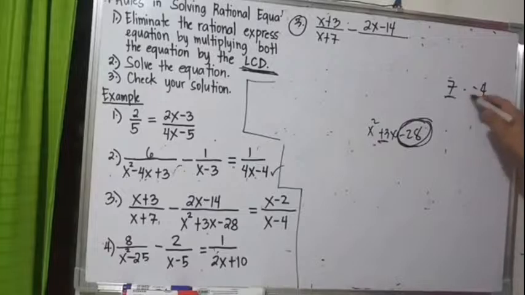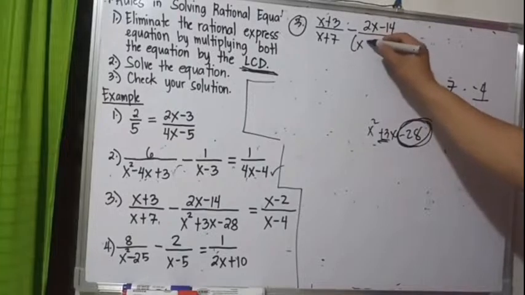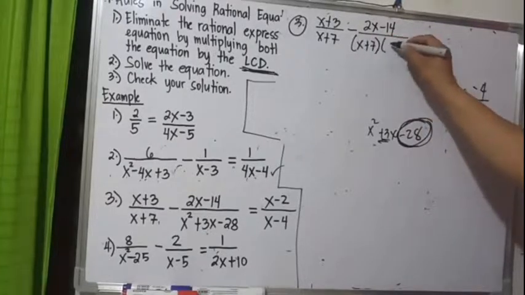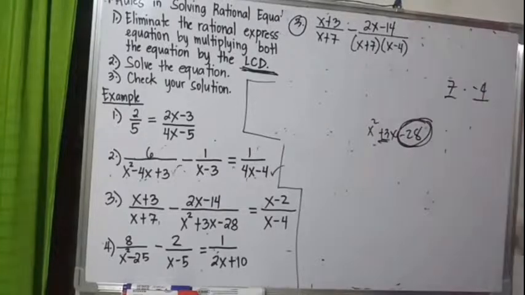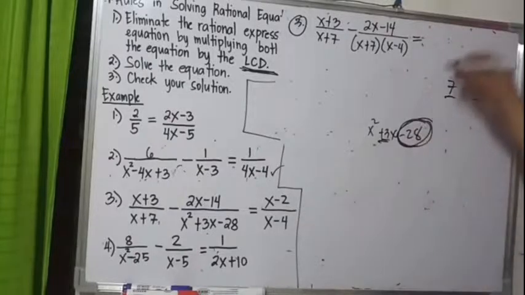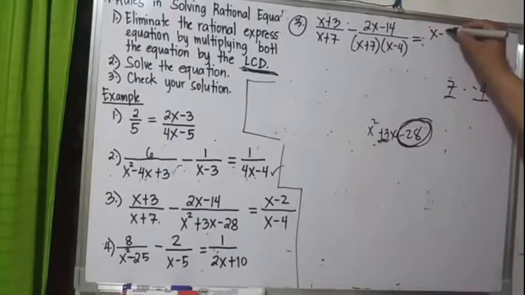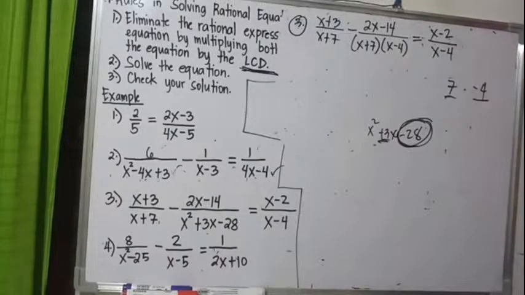Then if we add these two numbers, the result is positive 3. So that is x plus 7 times x minus 4. Then equals x minus 2 over x minus 4. Okay, next.